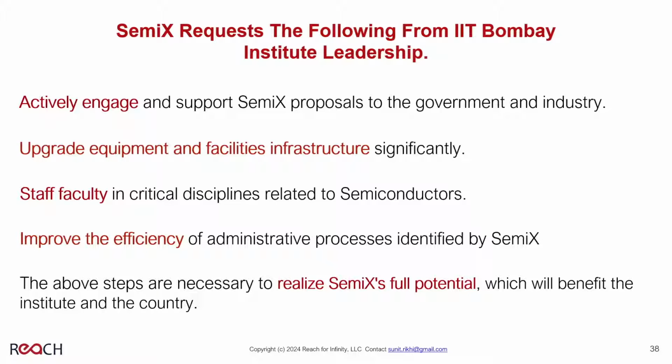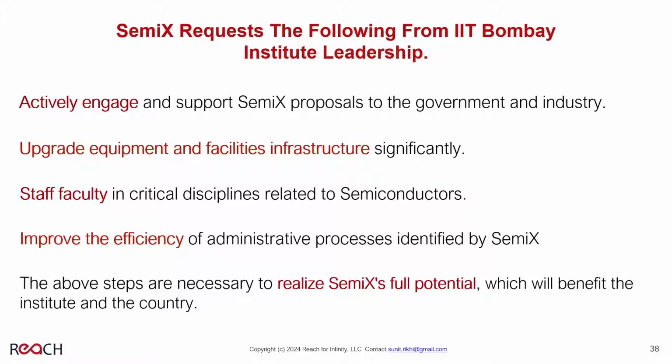So there is a place where the institute can help us also. So SemiX has a request for the leadership of the institute itself, which is to actively engage and encourage and support SemiX proposals to the government and the industry.